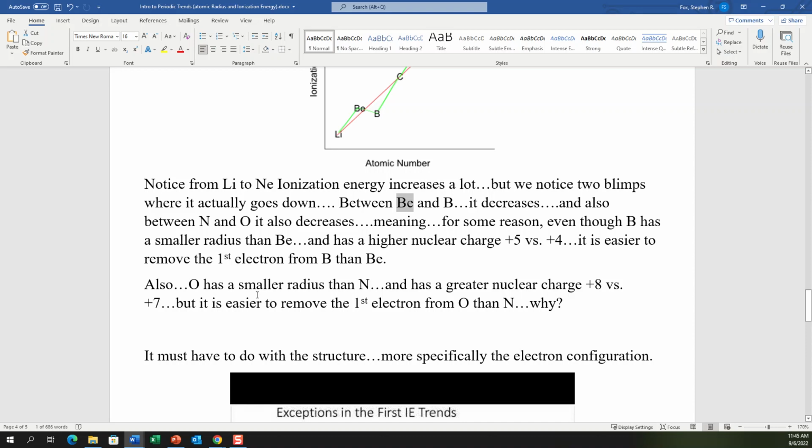Okay, so again, it comes back to structure. And so the +8 of oxygen is still not enough to make it harder to remove that first electron from oxygen. So there must be something within the electronic structure, the electron configuration, that's the reason for why it's easier to remove an oxygen electron than a nitrogen electron, right?